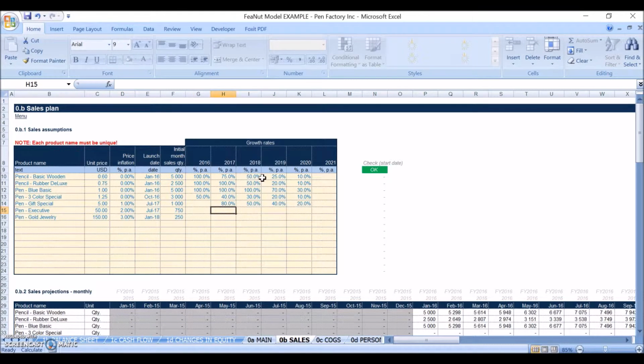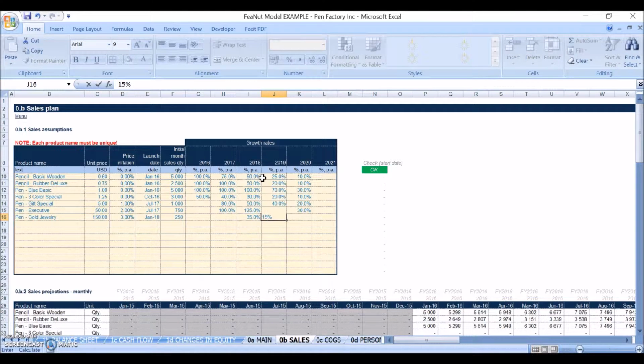For executive pen, let's do 100%, 125. Let's model some steep growth for our executive line. And for gold jewelry, that is launched in 2018, so we can ignore the first 2 years, and let's put in 35%, for example, in 2018.